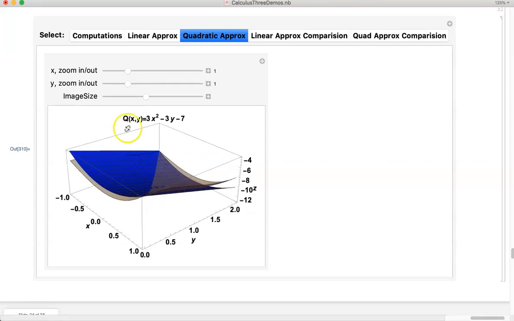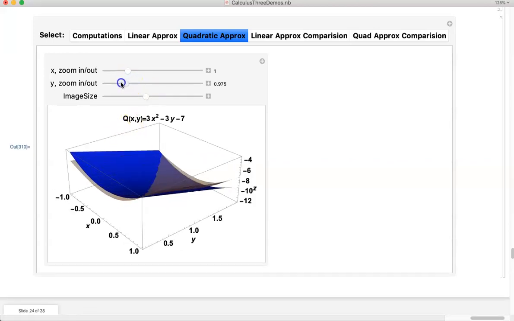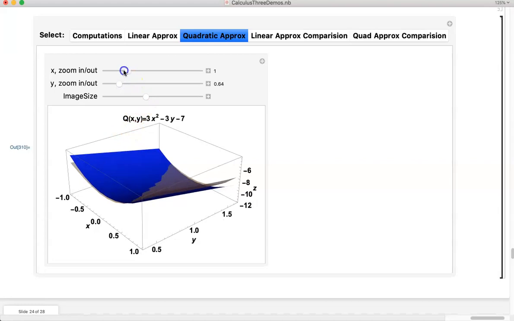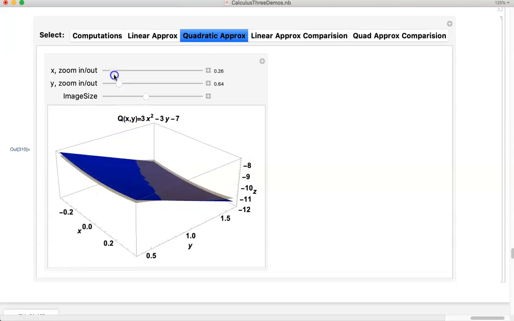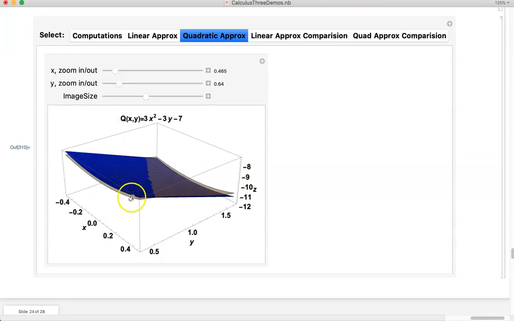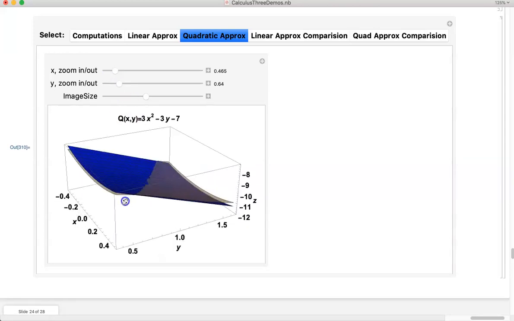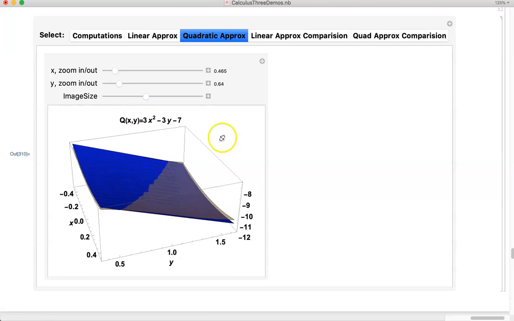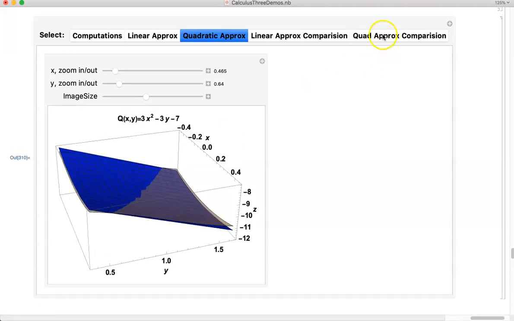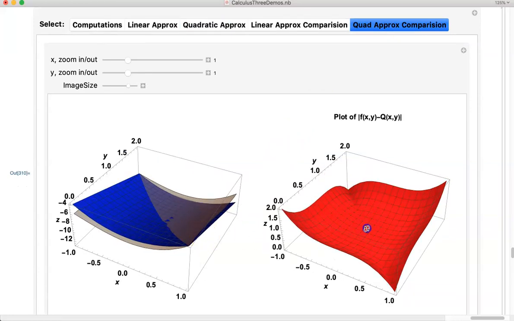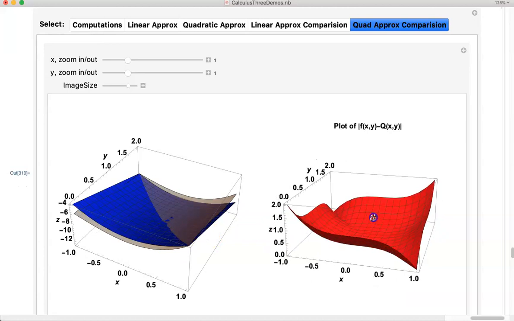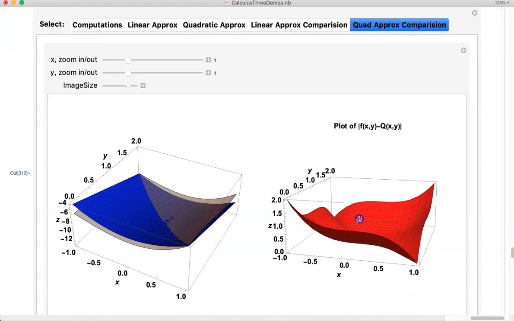Okay. And we know that if we were to zoom in just a little bit more on this thing, that we could probably make the function and the quadratic approximation kind of get a little bit closer to each other if you zoom in on it. Okay. So what we're seeing is the fact that the quadratic approximation, here's the red graph is the difference between those functions.